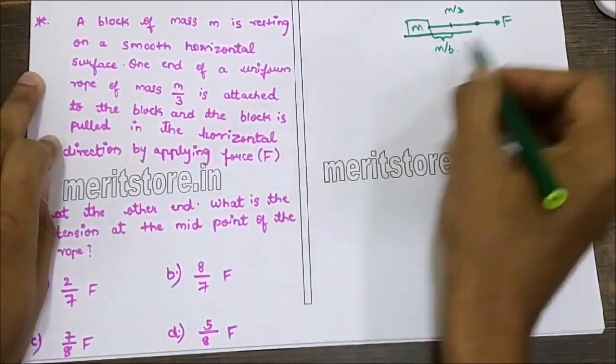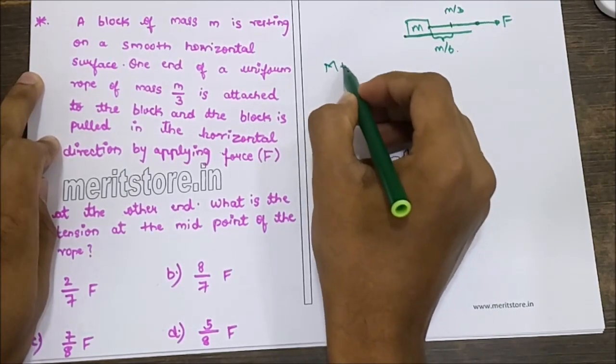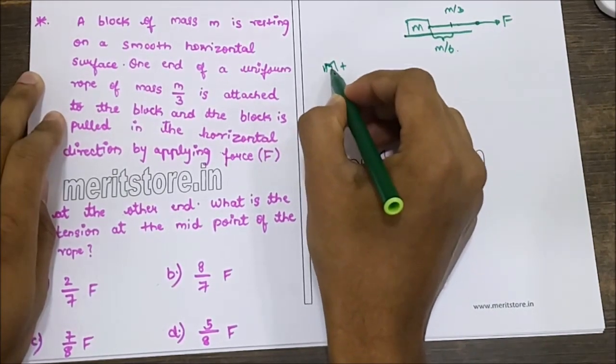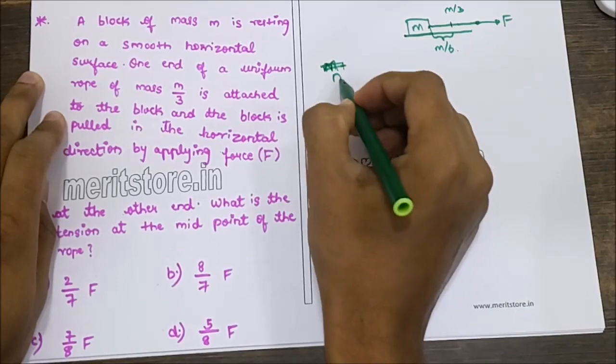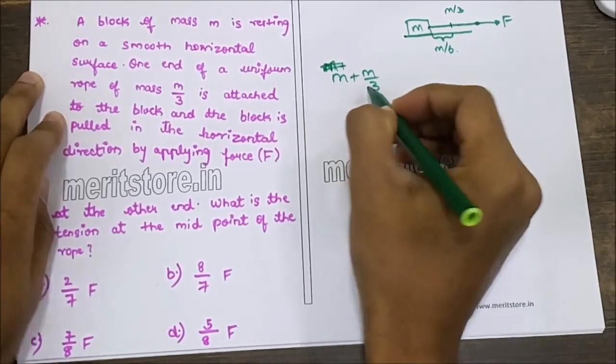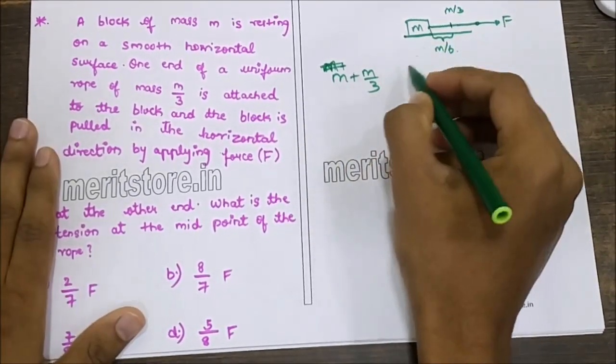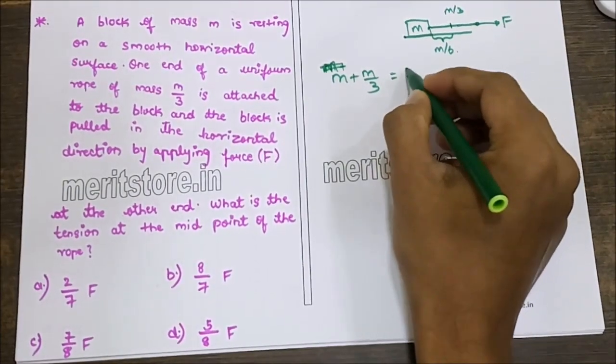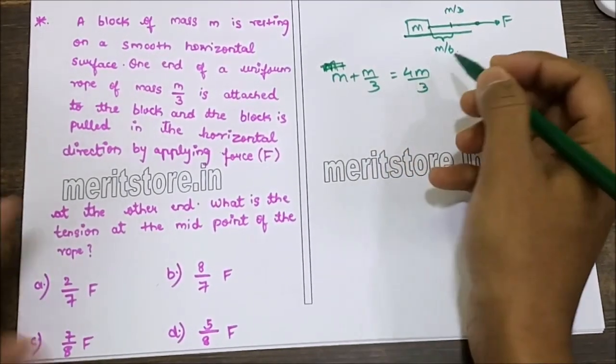Now the mass of the entire system is m plus m by 3, that is equal to 4m by 3.